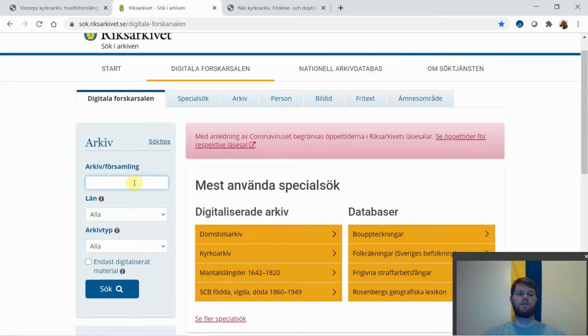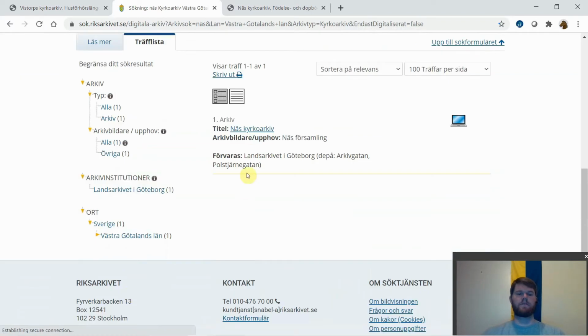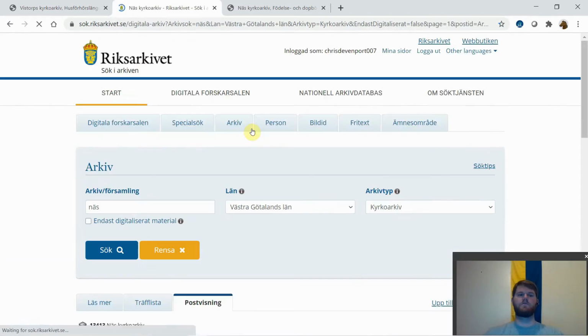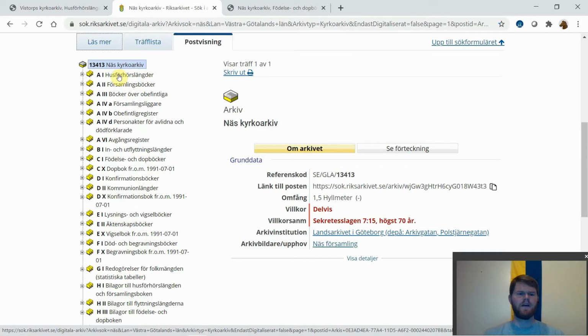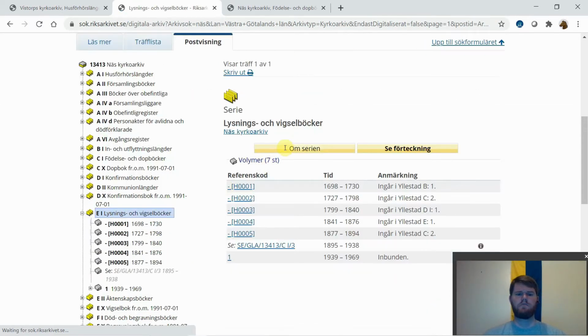So we come to our favorite website, and we get the correct inputs, and here's the parish we want, and we're looking for marriages. Here's our marriages that occurred in 1855.